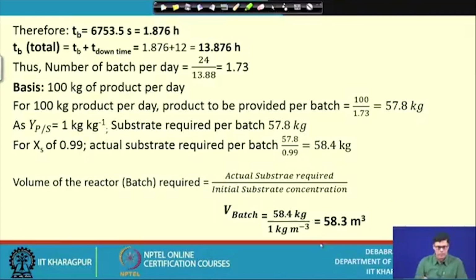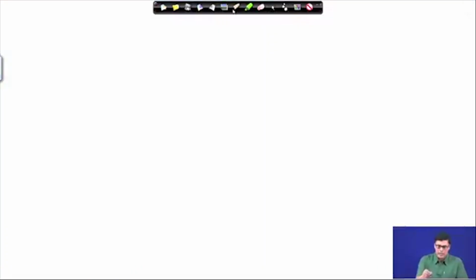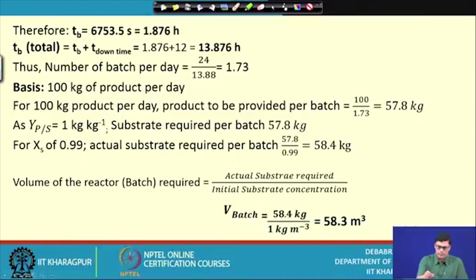Here the total time is coming about 13.876 hours. This is the batch time plus downtime. I told you in case of batch process there is a downtime you have to consider. What is downtime?